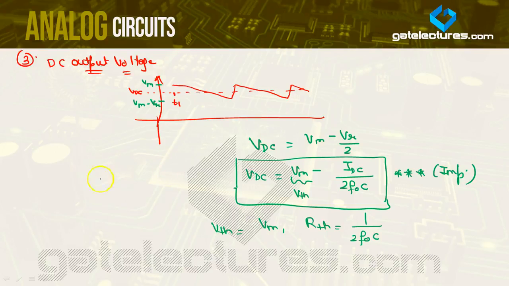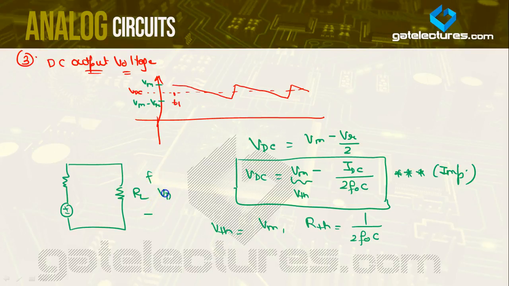So we can draw the Thevenin equivalent circuit like this. This is the DC output voltage VDC, this is V Thevenin, which is equal to Vm, and this is R Thevenin, which is equal to 1 by 2 f naught C, and this is the output voltage, equal to VDC. This is how it goes.